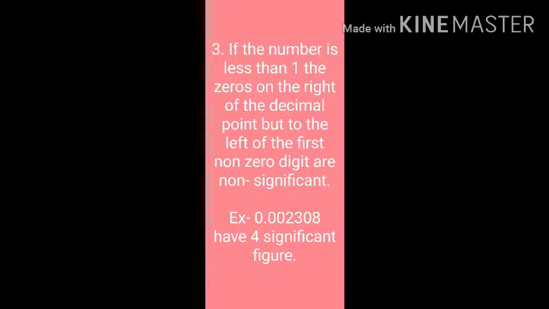Look at the example. The zeros on both the left hand side and right hand side are non-significant, so the number of significant figures is 4, for 2, 3, 0 and 8.